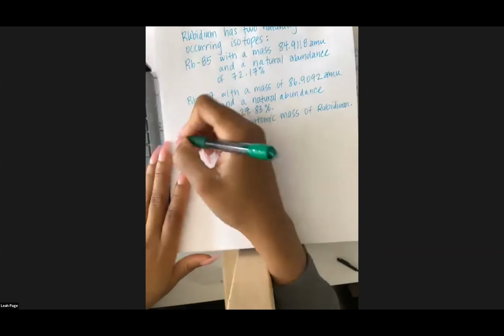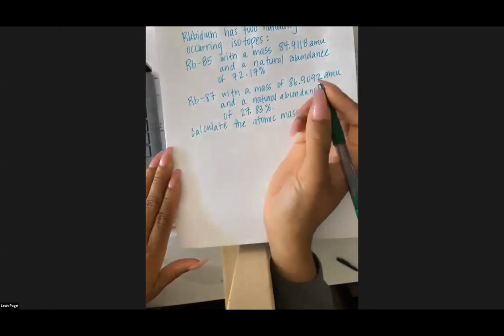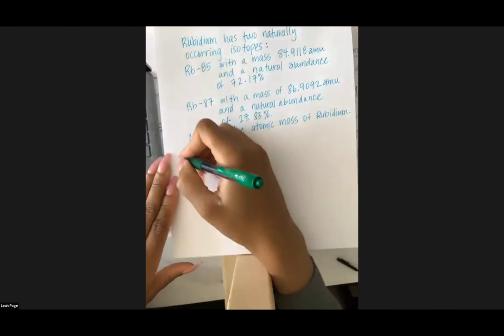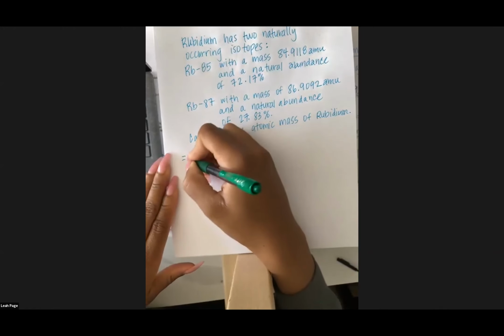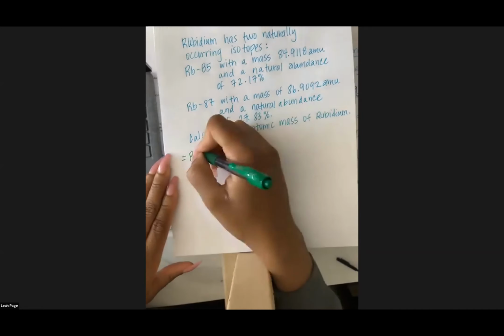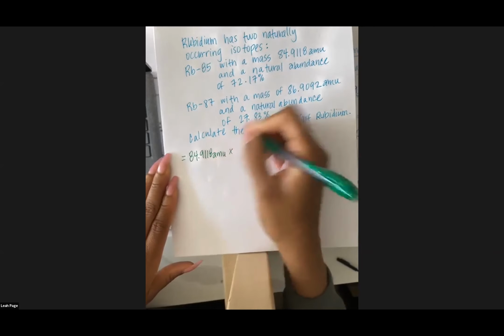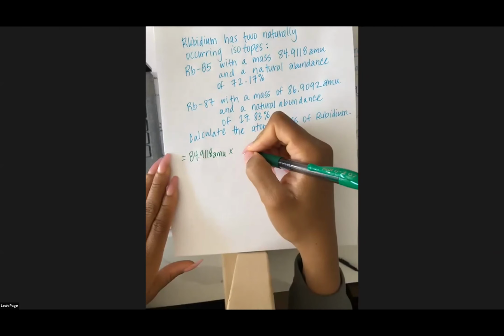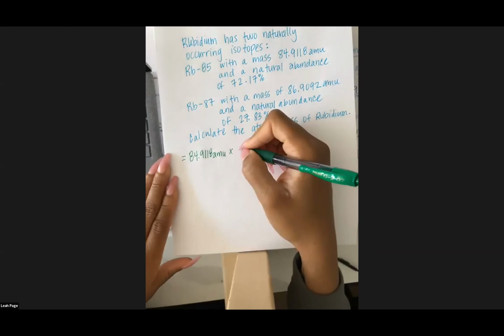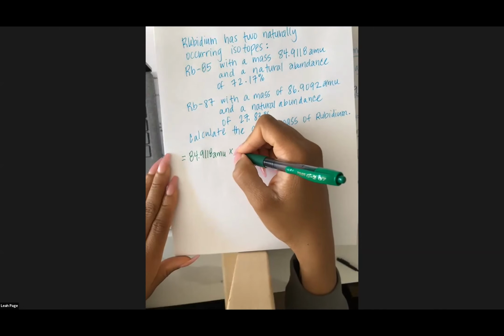All right, so if I go through the steps, the first isotope is 84.9118 AMU times the percent abundance. What's the fraction for the first isotope? 0.7217.